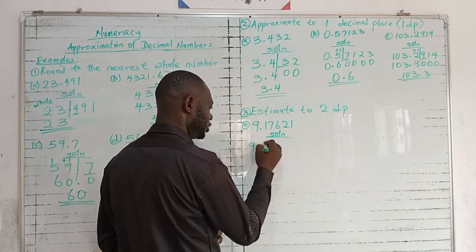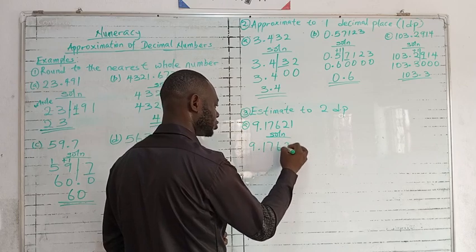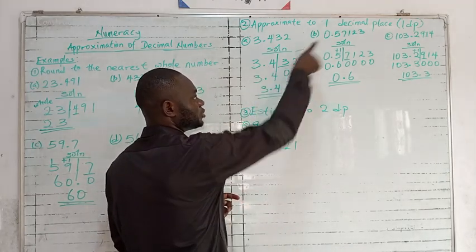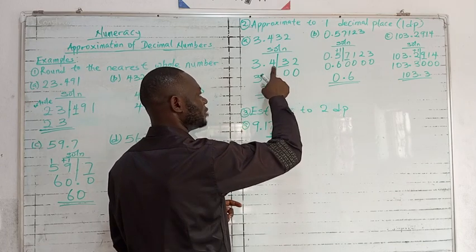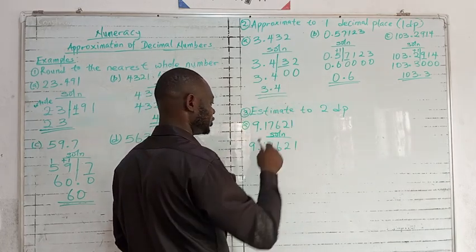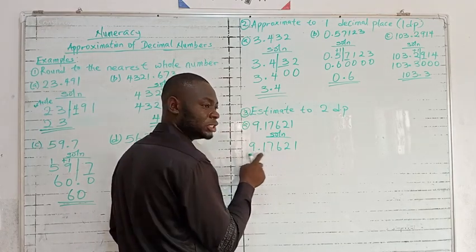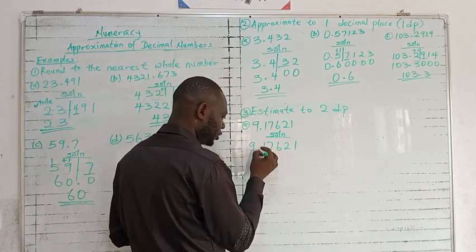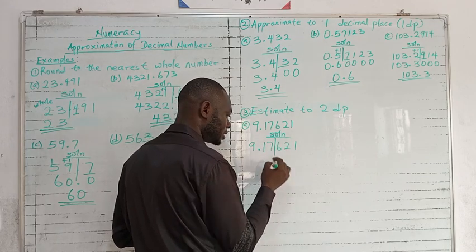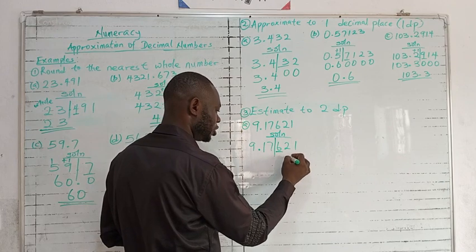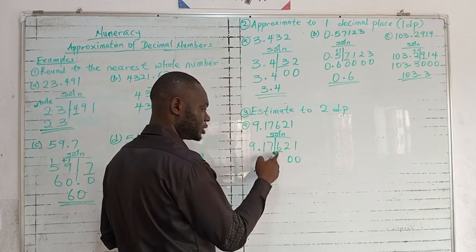We have here 9.17621. We start from the decimal point. When we rounded to 1 decimal place, we counted only 1 before putting our slash. Now we will count how many numbers? 2 numbers from the decimal point. So the decimal point 1, 2 our slash, we consider the number here. Immediately here becomes 0, 0. 6 is in what group?